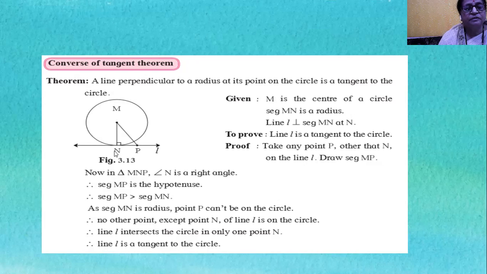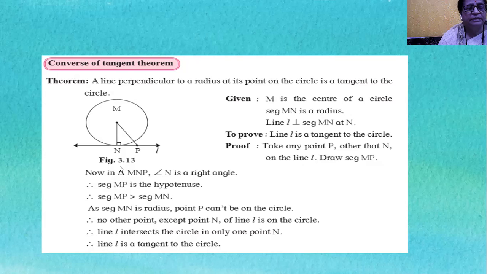Point P is beyond the circle, therefore no other point except point N on line L is on the circle.